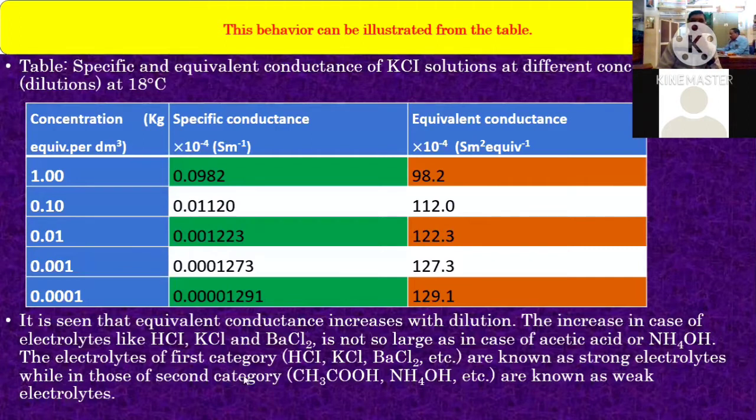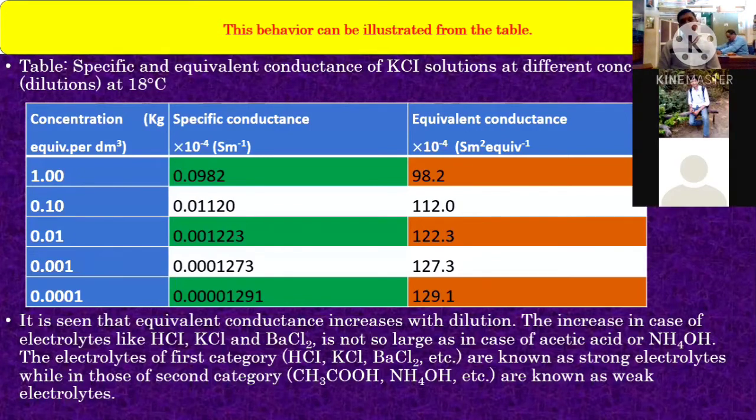Here, we see that the equivalent conductance increases with dilution, but the increase in the case of electrolytes like KCl, NaCl, BaCl2 is not as large as in the case of acetic acid or NH4OH.